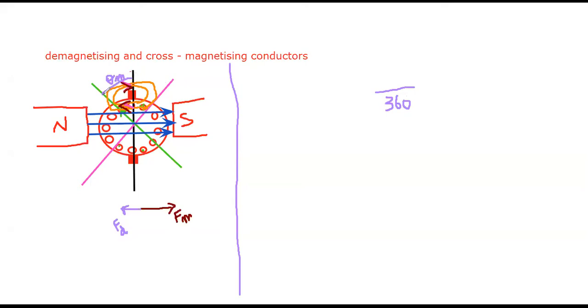Similarly, I am going to have another mechanical angle in this direction. This also is theta m. I consider this angle also a mechanical angle, theta m, but I don't know the exact value here, so I just consider it as theta m.